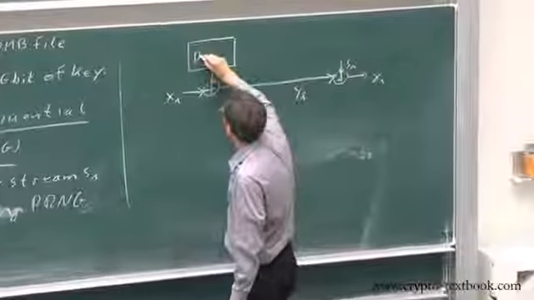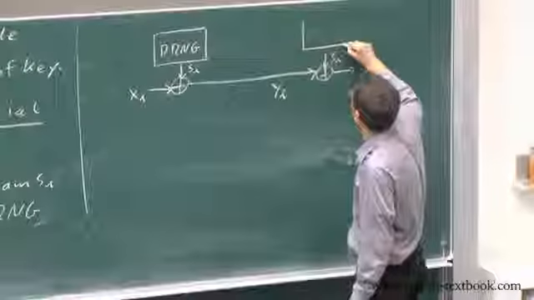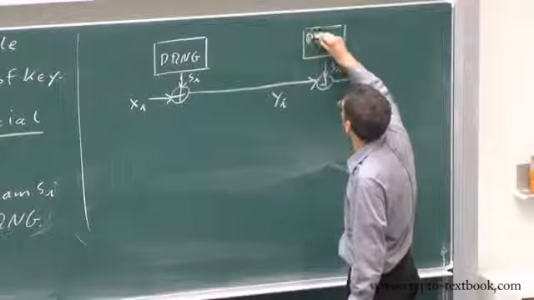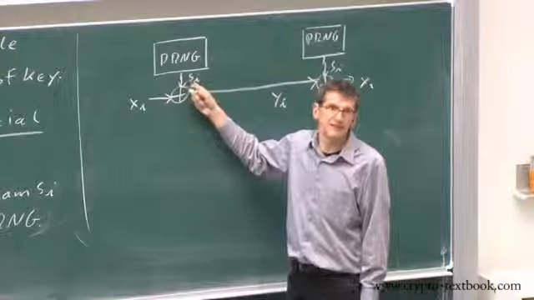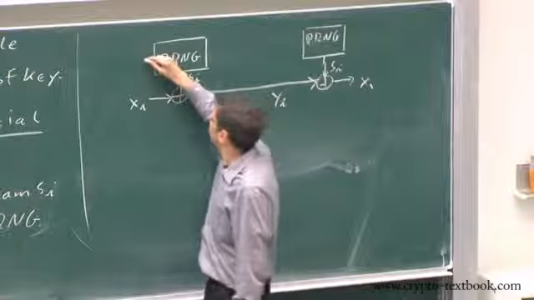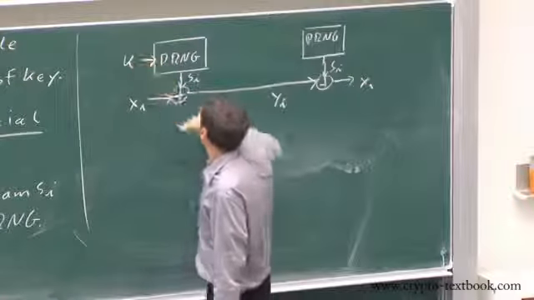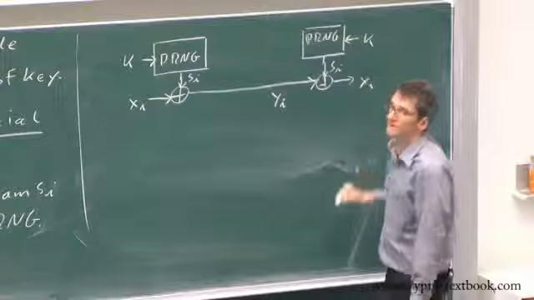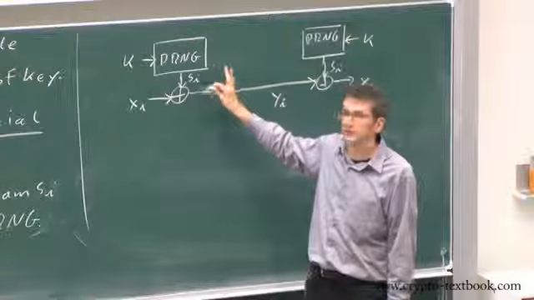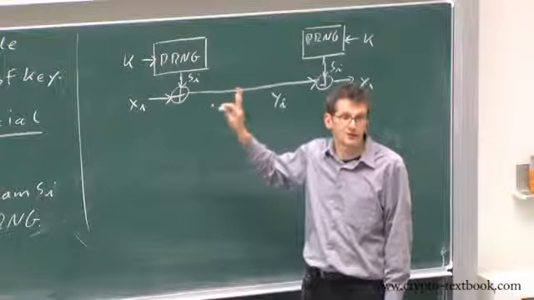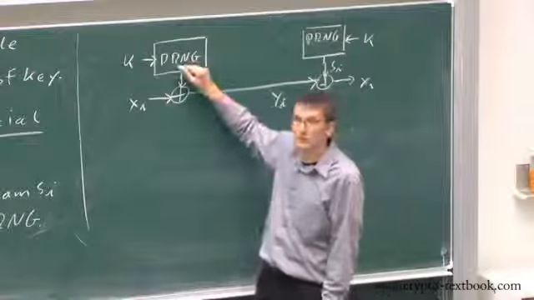You put a PRNG in here, you put the identical one on the other side, Bob also gets a PRNG. The PRNG generates the S_i for you, the key stream here. And in order to prevent Oscar from generating the same key stream bits, the PRNG has a key. What you see here on the blackboard, this drawing, is how all practical modern stream ciphers work. The only question is, what do we use at this point?